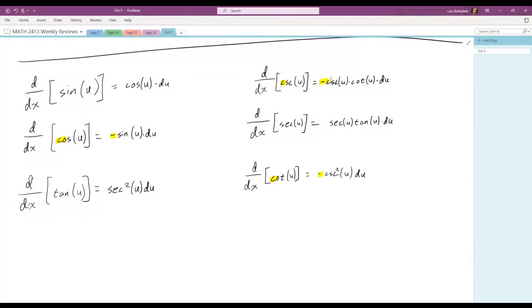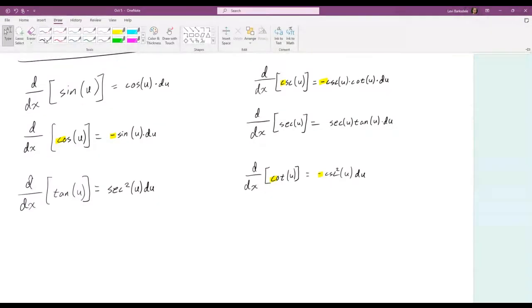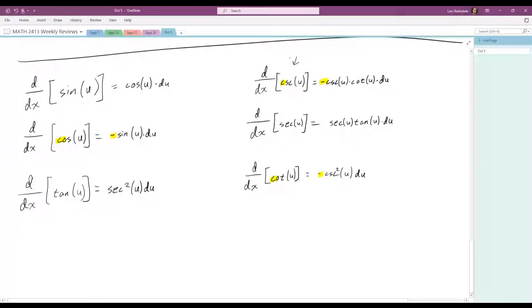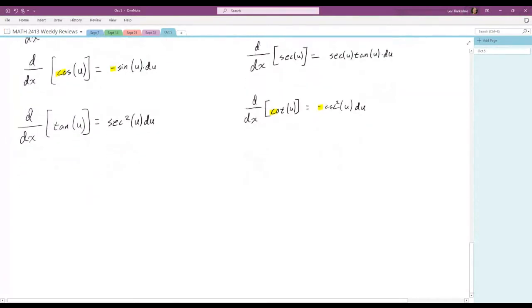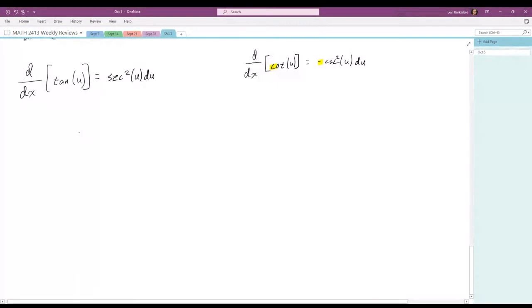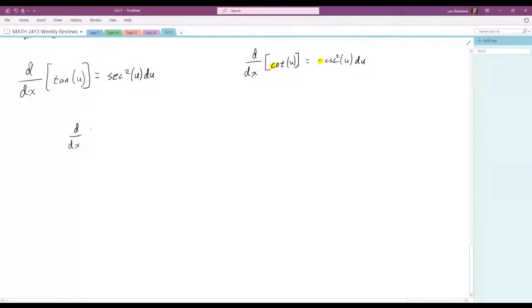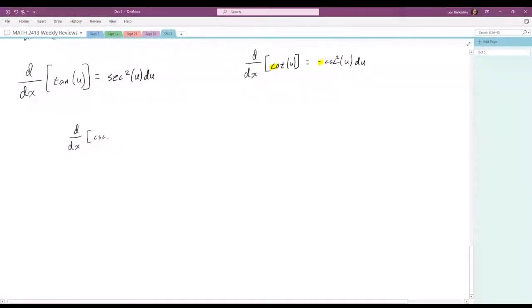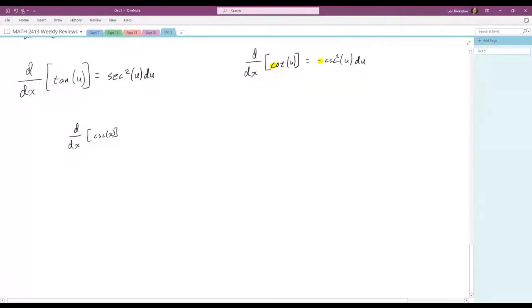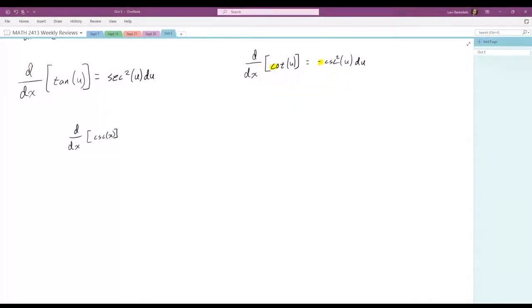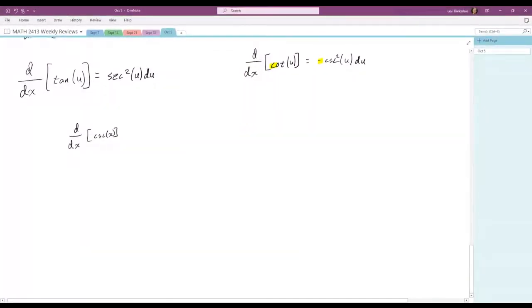Another thing you can do is if you forget one of the less common ones, such as the derivative of cosecant, you can actually use your derivatives of sine and cosine to figure those out. So let's say we wanted to find the derivative of cosecant. Well, cosecant is just 1 over sine.